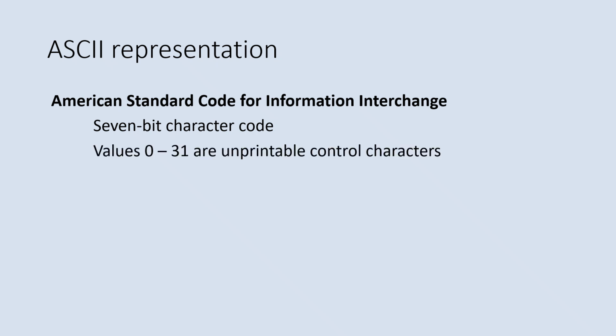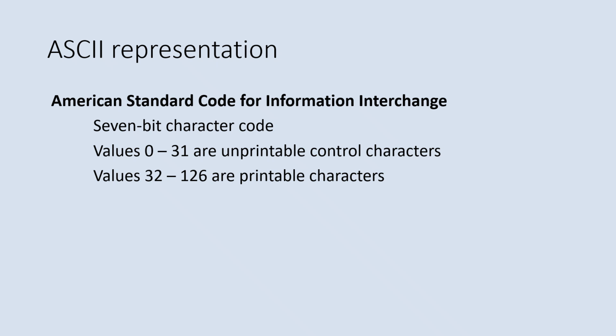And so the values 0 to 31 are for various unprintable control characters, things that might involve showing things on screen or using a printer and so on. So we're not going to worry about those values. We're going to worry about the values that are printable.